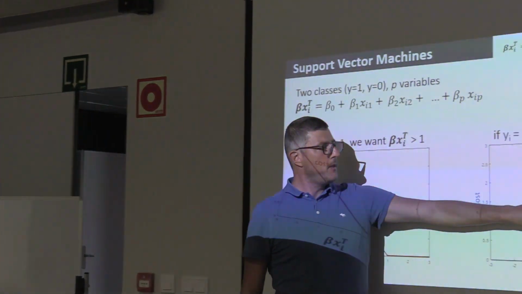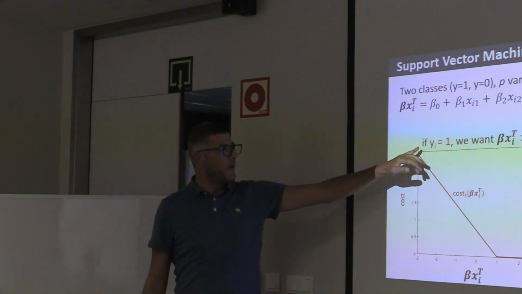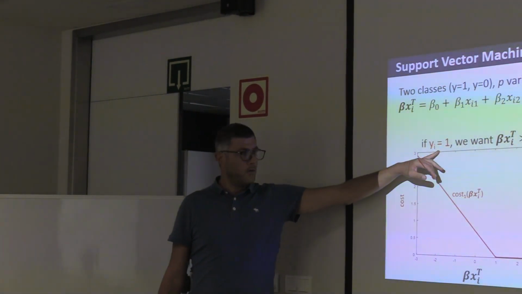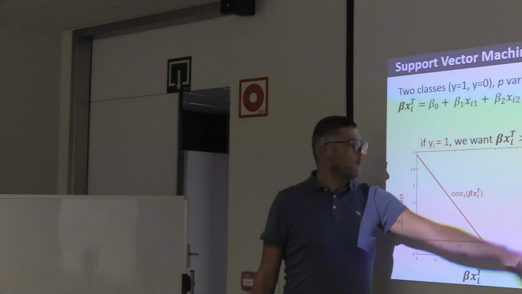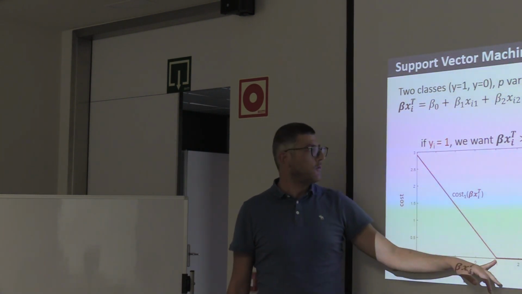Cost function means that we want to minimize these things. We want this to be as low as possible. What does it mean? That for the red class, class 1, this linear combination must be higher than 1, because the cost is 0, right?